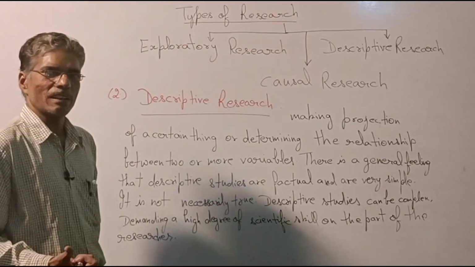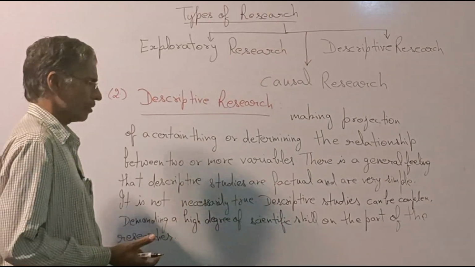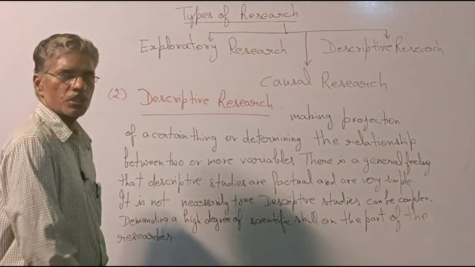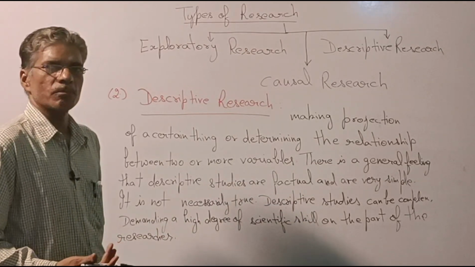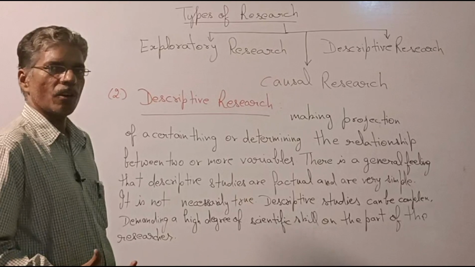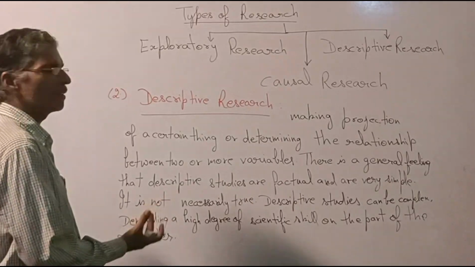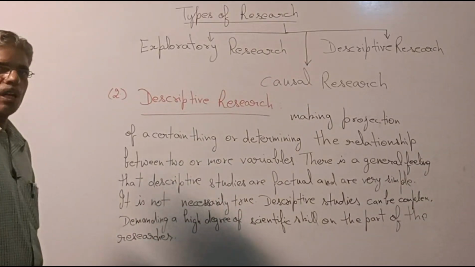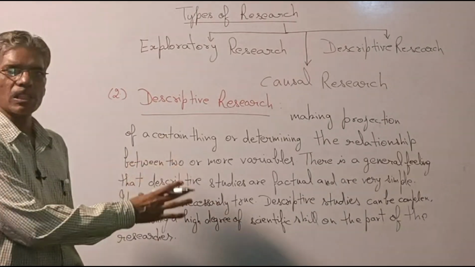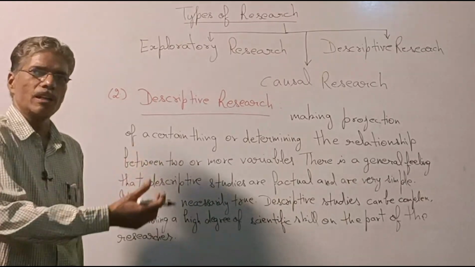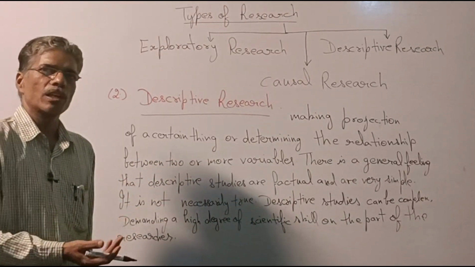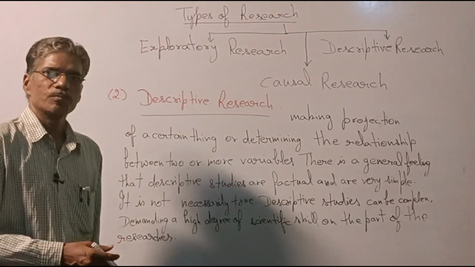Skill on the part of the researcher means the researcher should be very skilled. He should have some special ability or skills to carry out the descriptive research. So I hope you have understood these few points. Let me delete these points and I will explain a little bit more about the descriptive research.